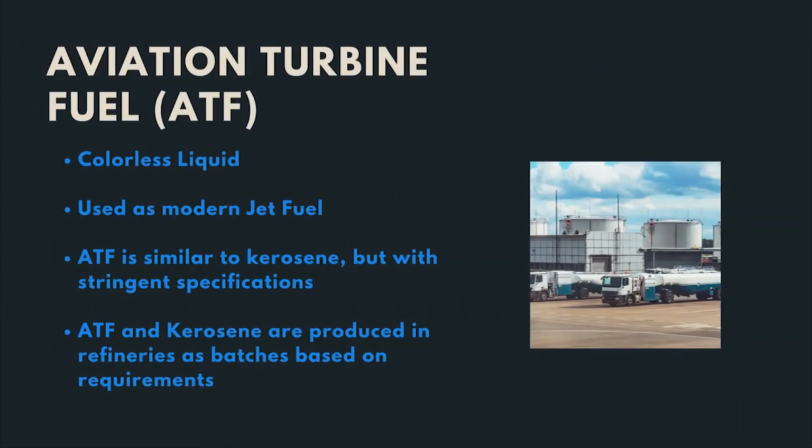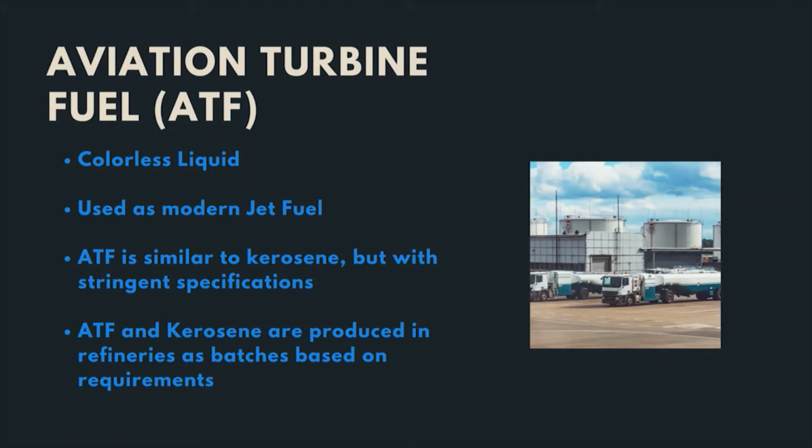Then we come across the next product from the refinery, which is known as ATF or aviation turbine fuel. Again, this is also a colorless liquid, almost similar to kerosene, but here the specifications are very stringent, and it is used as a modern jet fuel. ATF and kerosene are produced in refineries in batches based on the requirement.